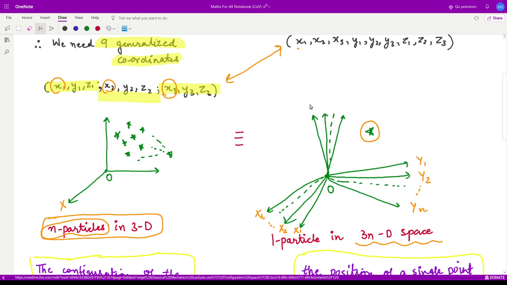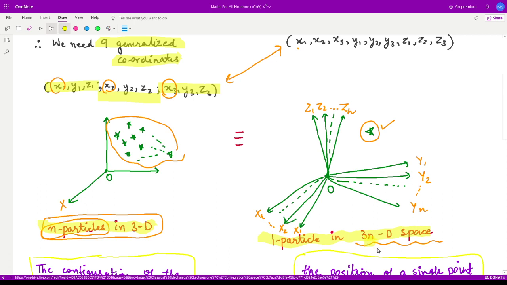And this would be z1, z2 and so on up to zn. So now I have increased the dimension of this system and represented these n particles by this single particle over here. So the system now reduces from n particles in 3 dimensions to one particle in 3n dimensions, right?